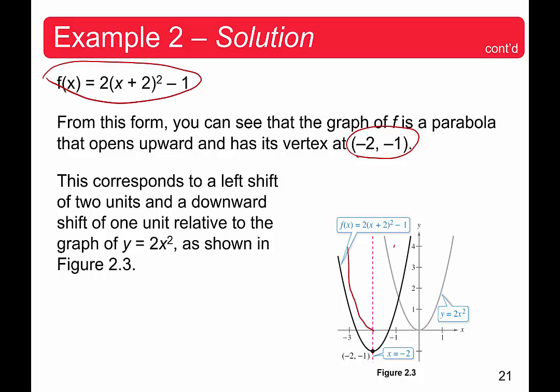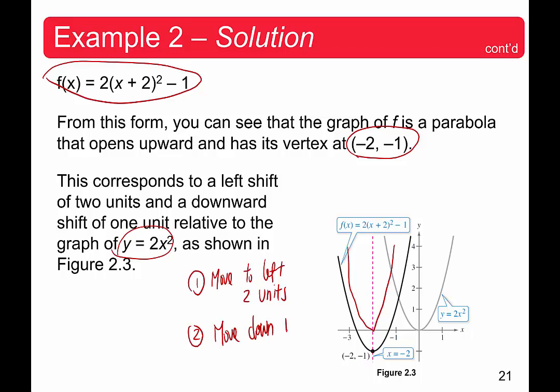Look at this graph first. And shift down 1 unit. So it's a 2-step transformation from the parent function y equal to 2x squared: move to the left 2 units, and then after that, move downward 1 unit. Then we get our function f of x after we apply this 2-step transformation.